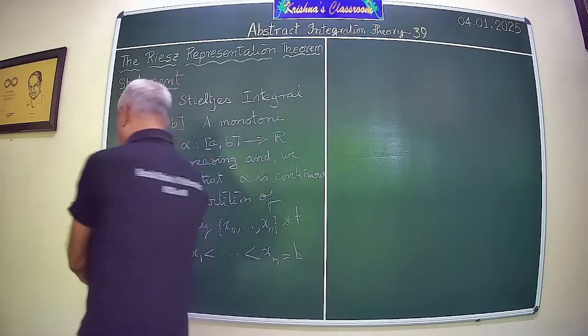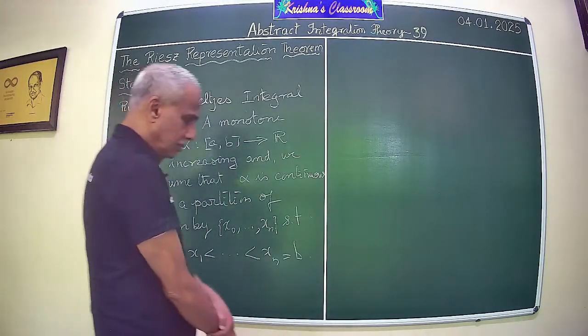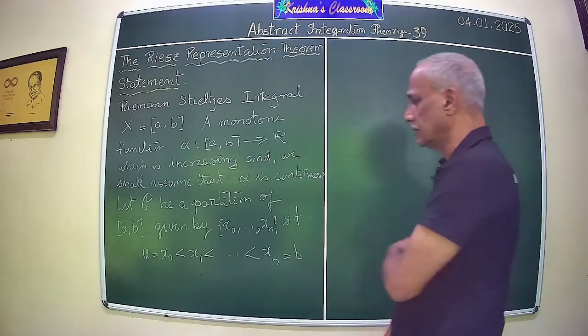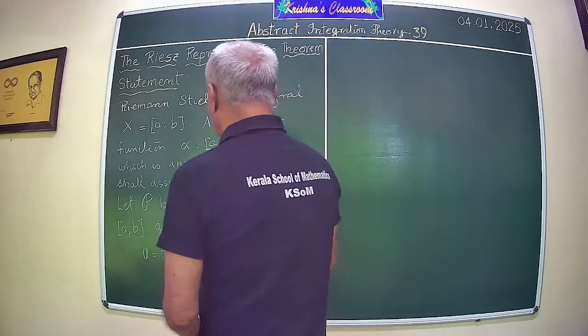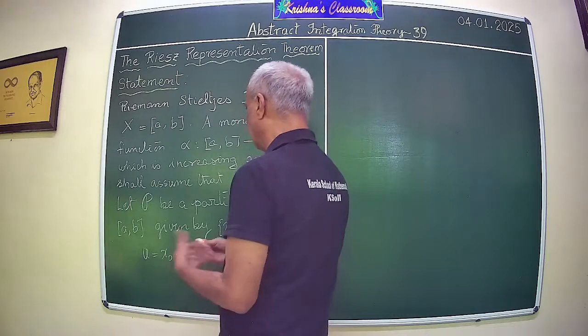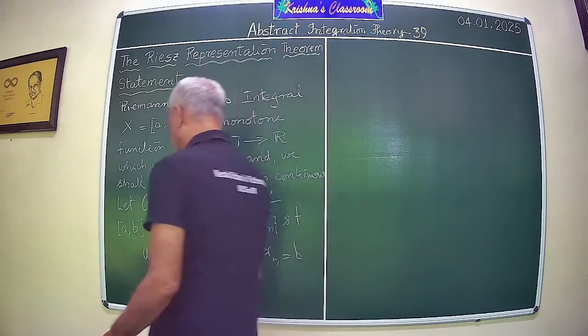Now on that, you see our usual Riemann integral is when alpha of x equal to x.